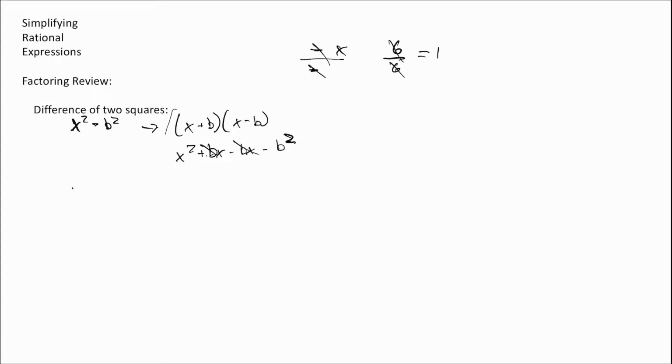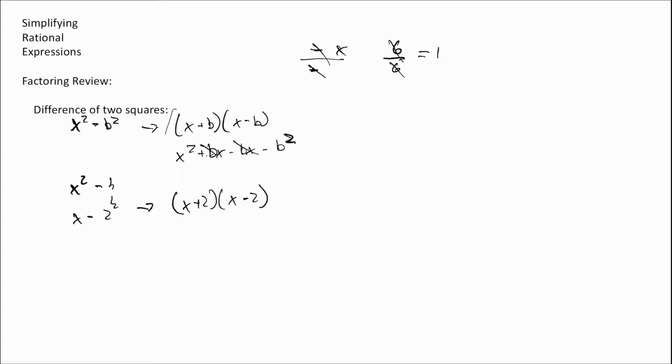So if I give you a different example for difference between two squares, x squared minus 4. This 4 I can transform into 2 squared. Remember, for difference between two squares, you always need a perfect square. That will be factored into x plus 2 times x minus 2. That is my factored form for this expression.